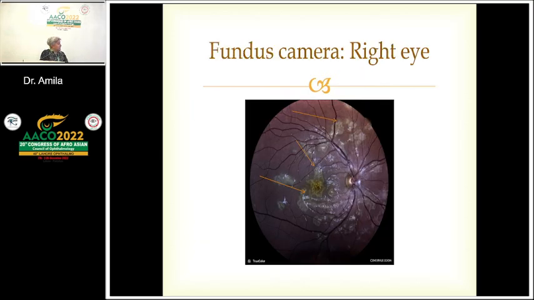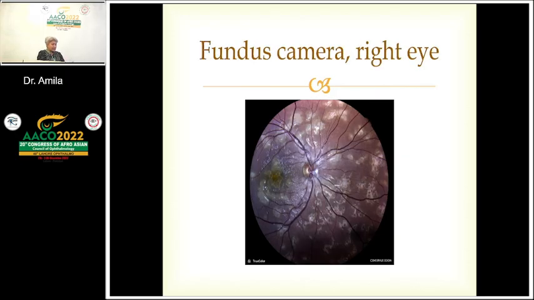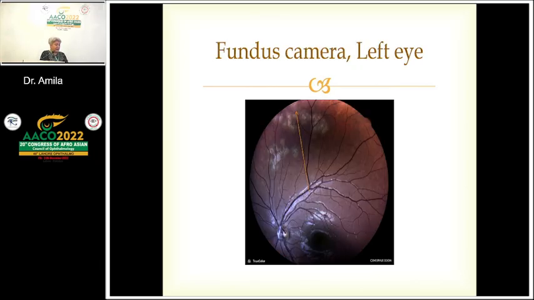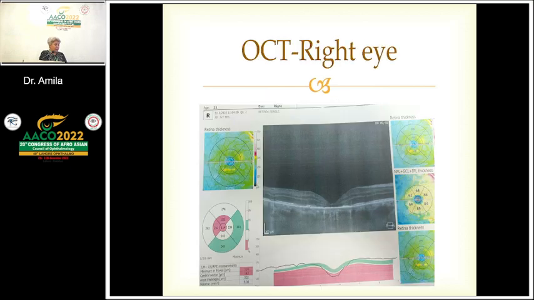You can see the right eye on the fundus camera. It seems like there are a lot of scars on the retina in the right eye. In the left eye, we have some beginning problems on the fundus, but normal visual acuity. OCT of the right eye was this.